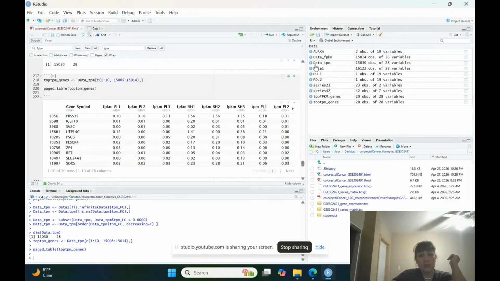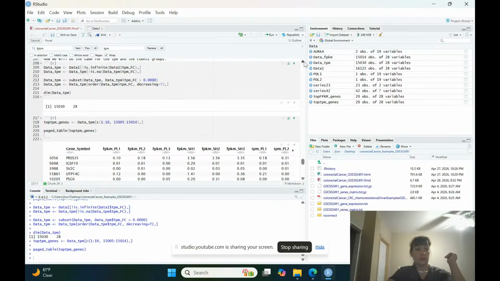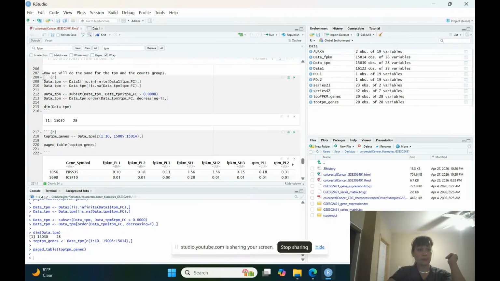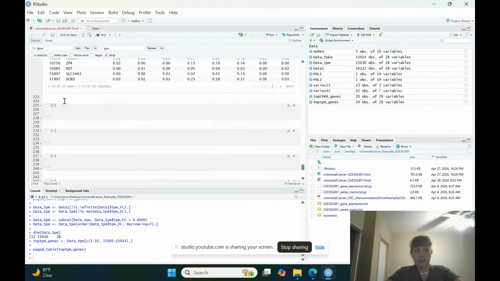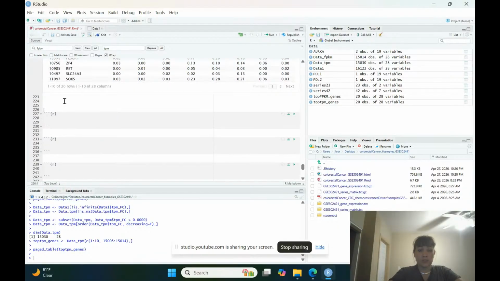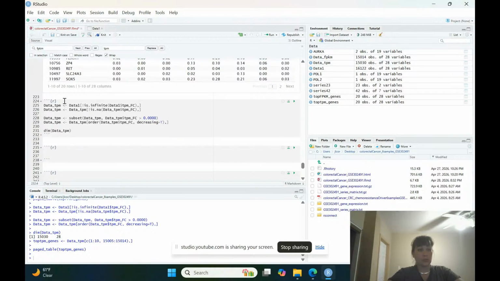Okay, so now we're going to copy and paste and do the same for the counts. Control C, copy. Control V, paste. We're going to replace this with counts. Let's make sure that we named it counts though.